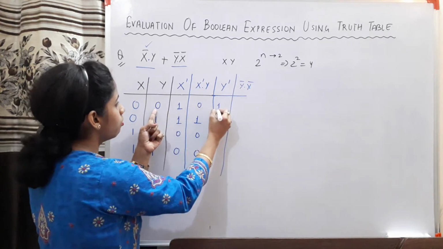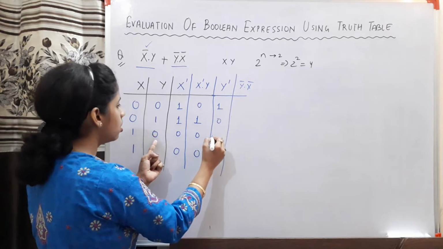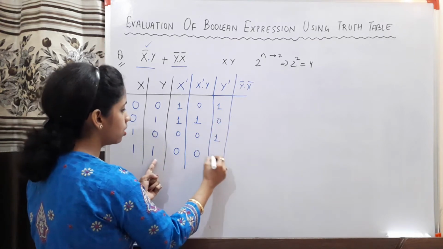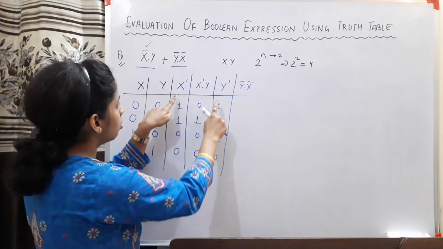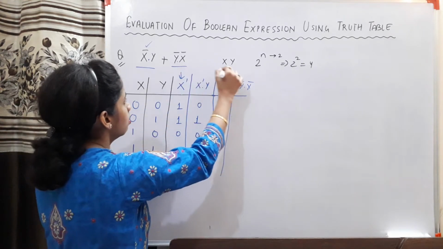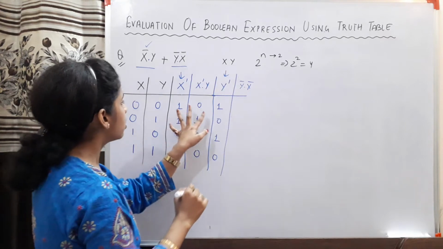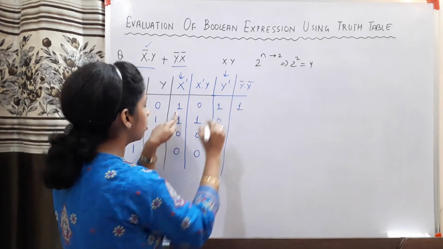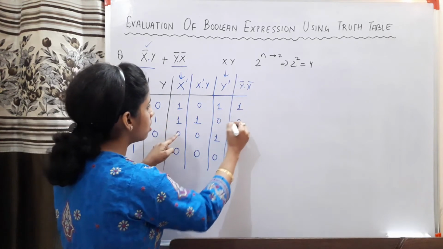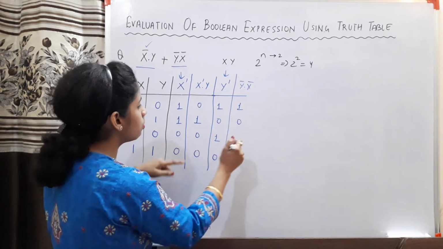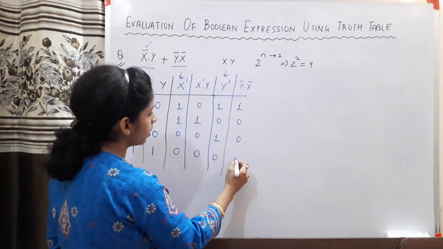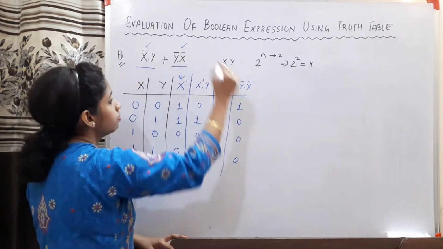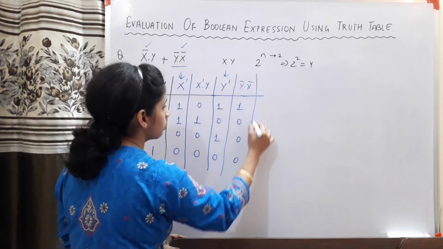So 0 becomes 1, 1 becomes 0, 0 becomes 1, and 1 becomes 0. Now perform AND of these two columns. So 1 1 will be 1, 1 0 will be 0, then 0 0 will be 0, then 0 0 will be 0. So this is the second term.